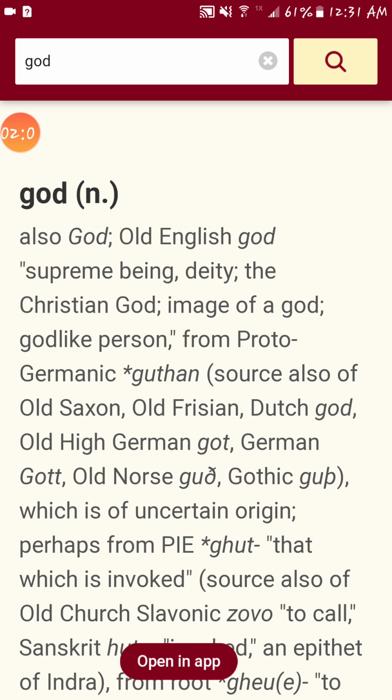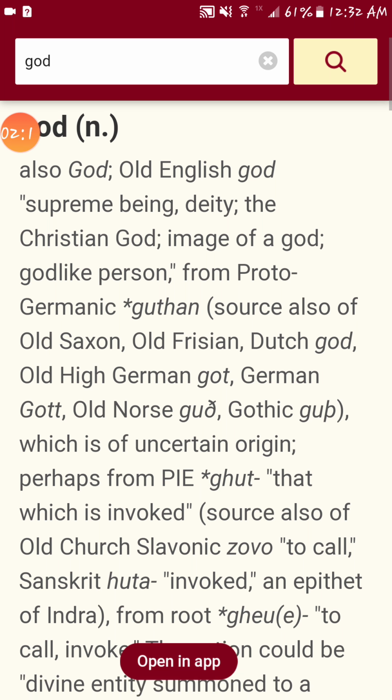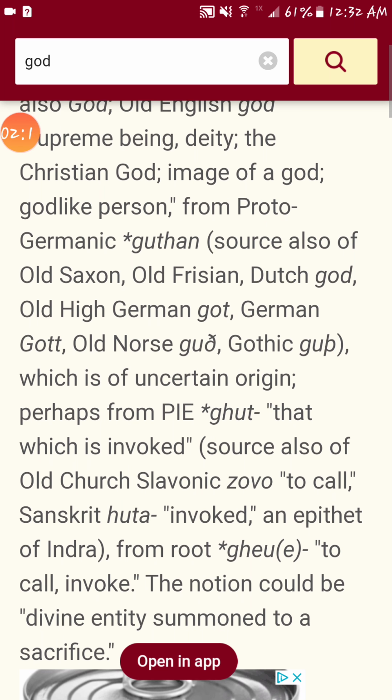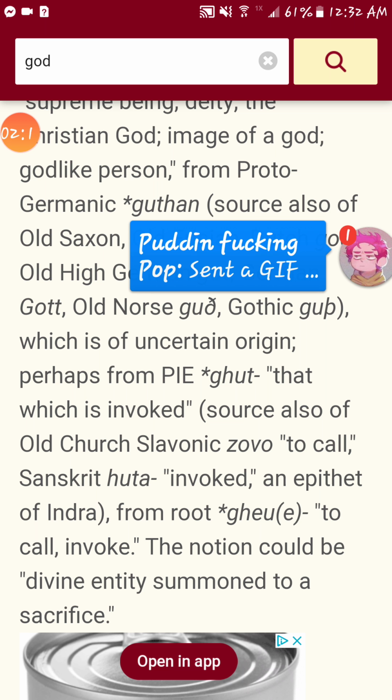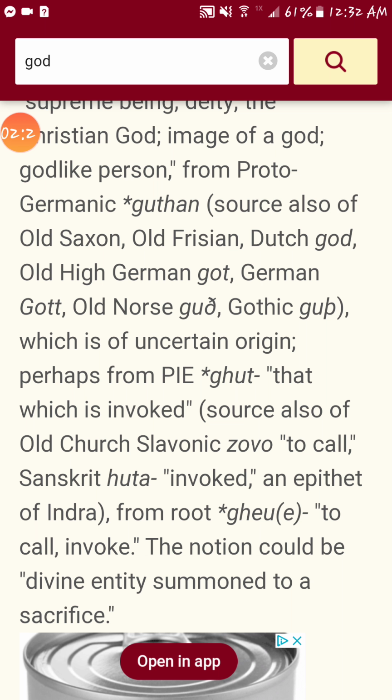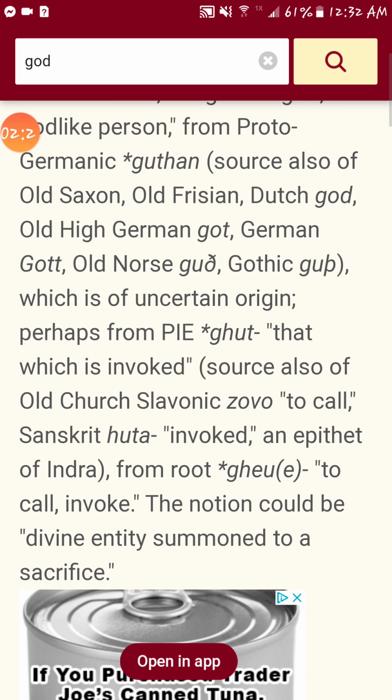So it also is a source of Old Saxon, Old Frisian, and Dutch God, Old High German Gott, German Gott, Old Norse, I'm going to assume that says Good, Gothic Gut, which is of uncertain origin, perhaps from Proto-Indo-European Gut, that which is invoked. I'll read that again: perhaps from Proto-Indo-European Gut, that which is invoked.